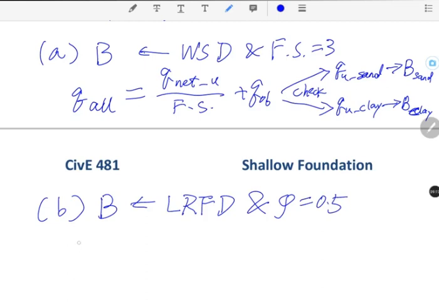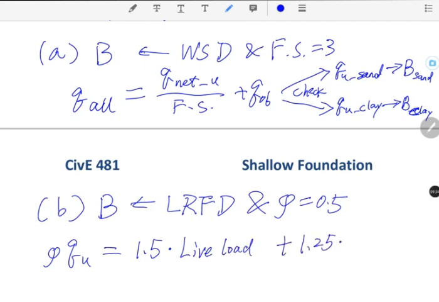And I use this equation: QU factored by phi equals 1.5 times the live load plus 1.25 plus the dead load.